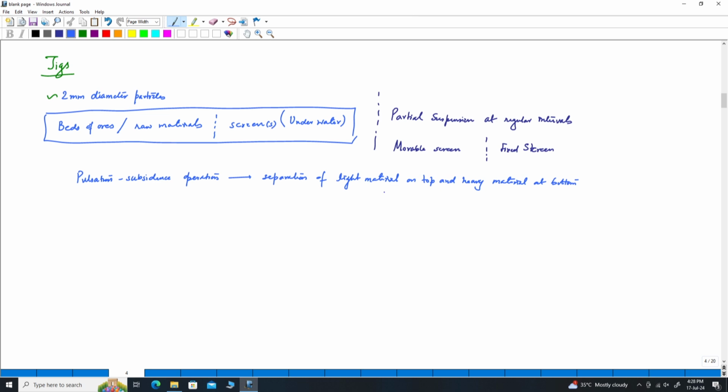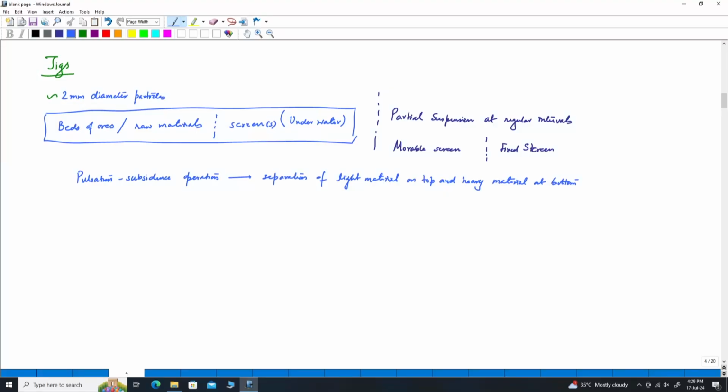So, we have a light material coming on top and heavy material at the bottom, and this helps in the separation of the various raw feeds. So, either the jig is moving or the water is being pumped, and we have the separation of the light material and the heavier material from each other, and they get settled based on this stratification.